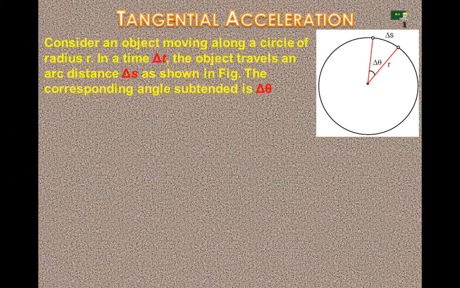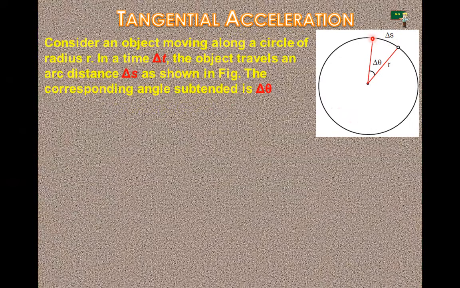Let's move to the tangential acceleration. Consider an object moving along a circle of radius r. In a time del t, the object travels a distance del s, which is displacement, as shown in the figure.